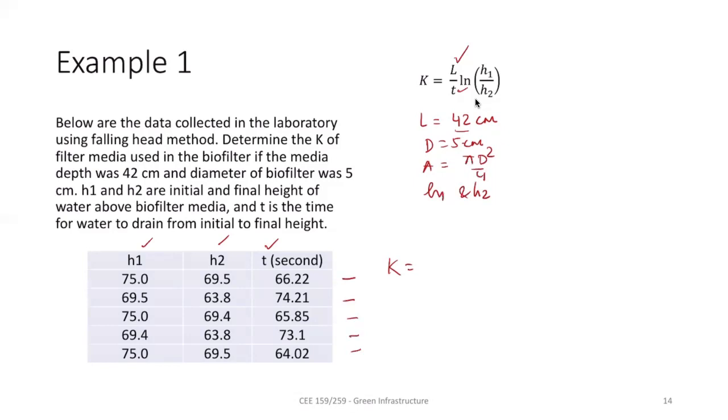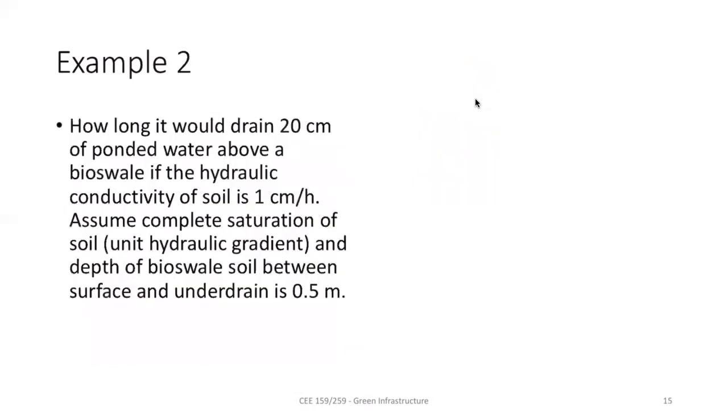That's very easy. The second question is how long it would take to drain 20 centimeters of ponded water above a bioswale if the hydraulic conductivity of soil is 1 centimeter per hour. So you have a bioswale, and you have a water height, which is here, that's 20 centimeters.